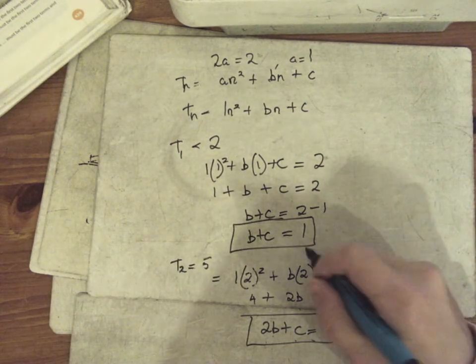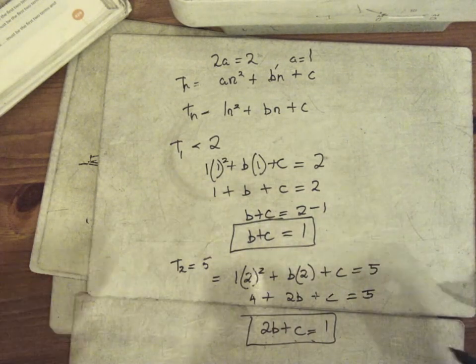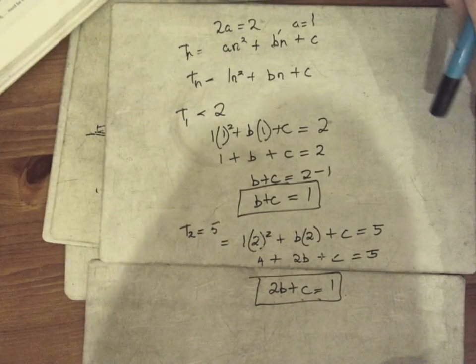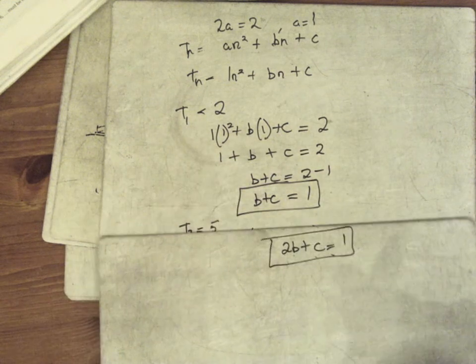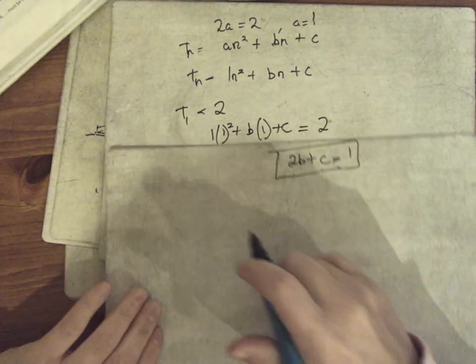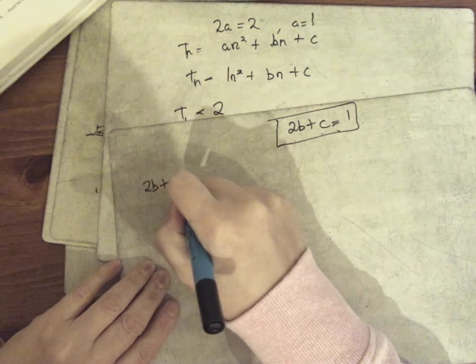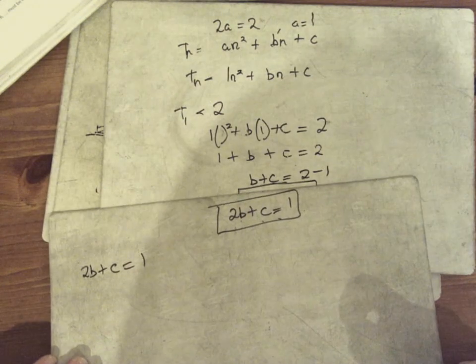So then I have two equations in b and c. I write one under the other and I do simultaneous equations. So one equation there is 2b plus c equals 1. The other equation was b plus c equals 1.